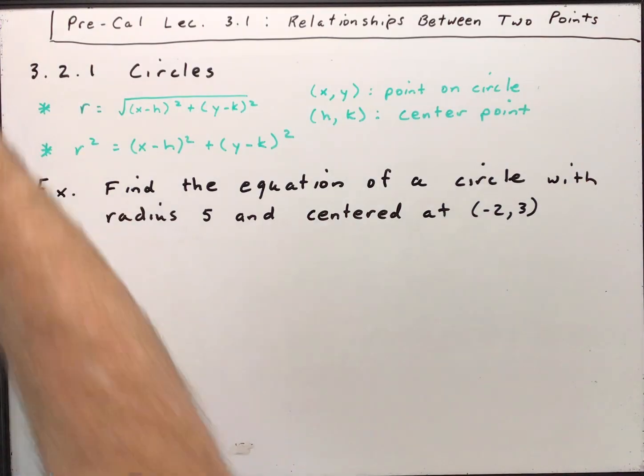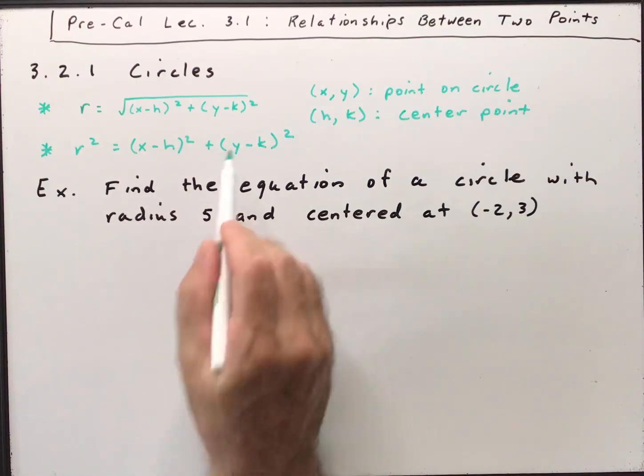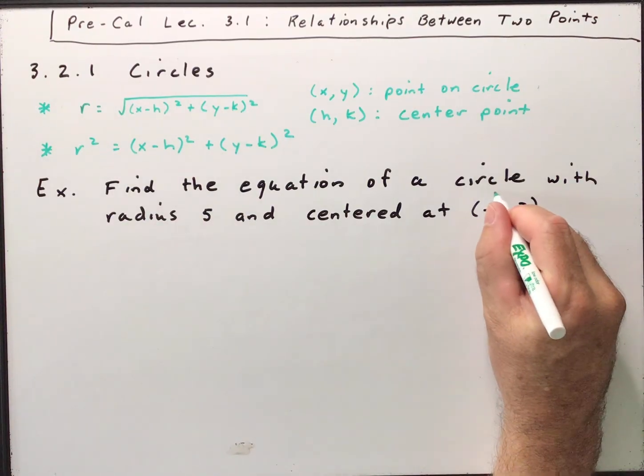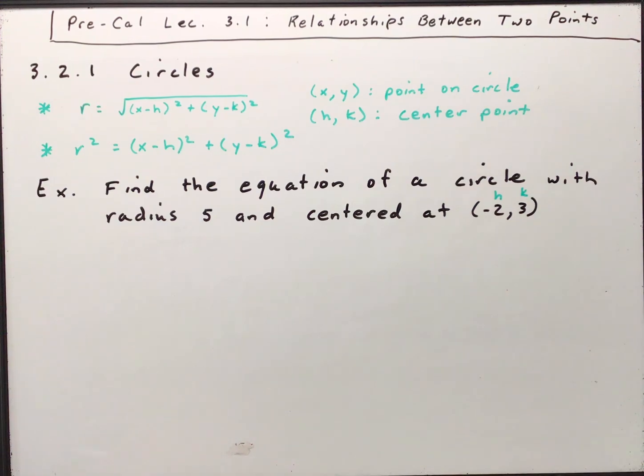Okay, this is pretty easy. We're just going to plug these numbers into the standard equation of the circle. This would be h, and this would be k.